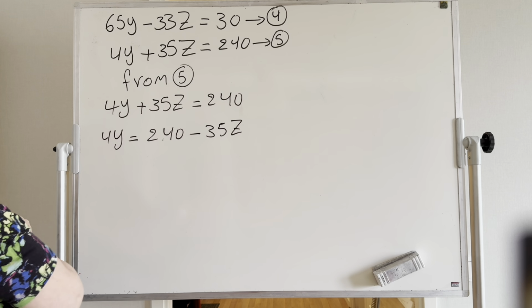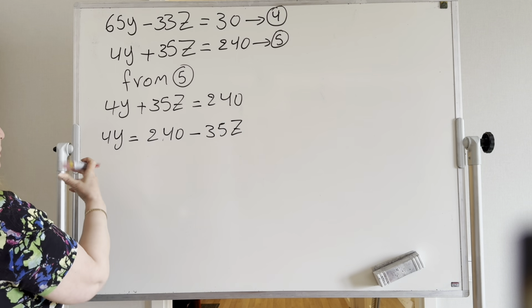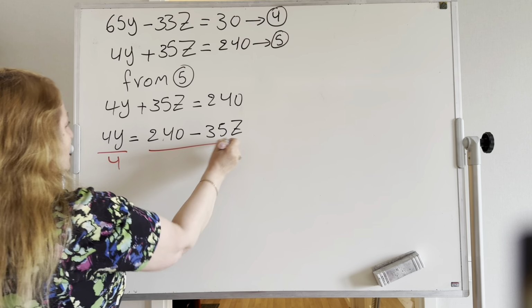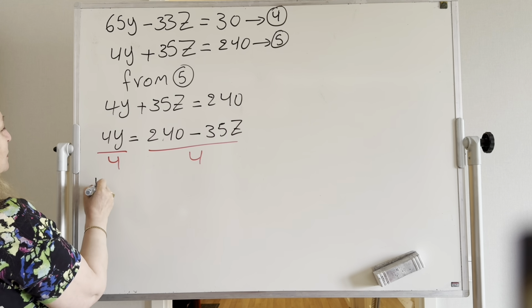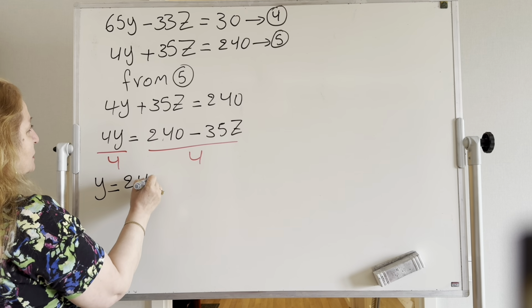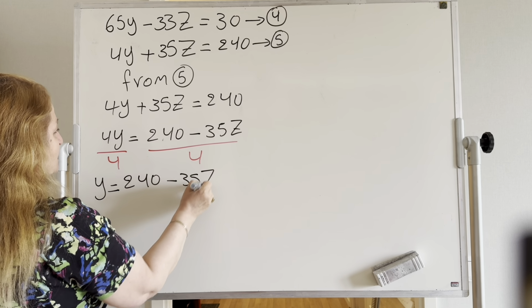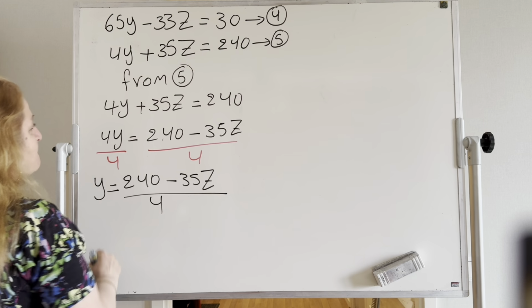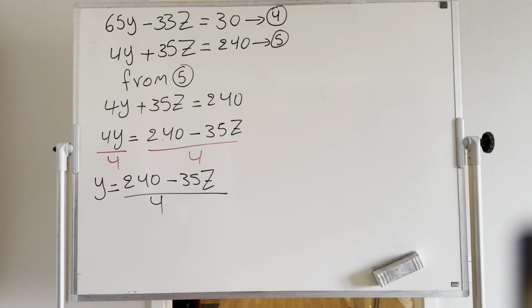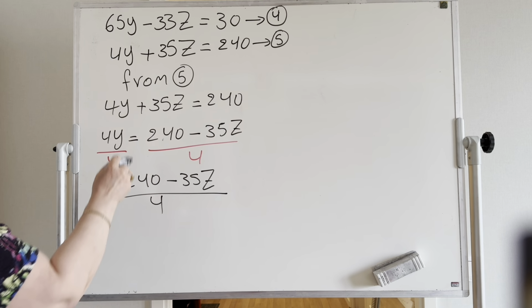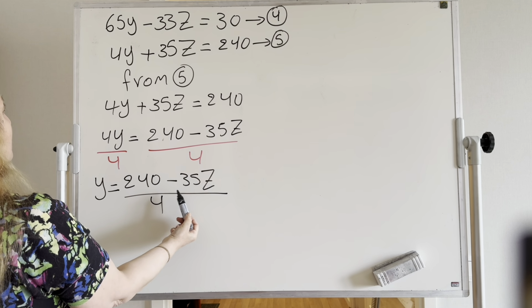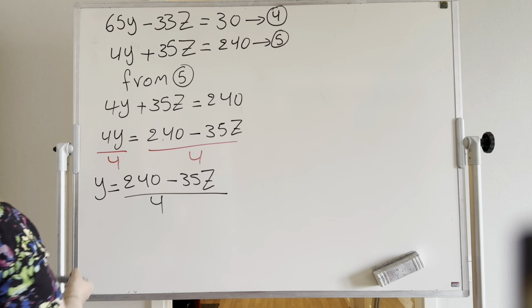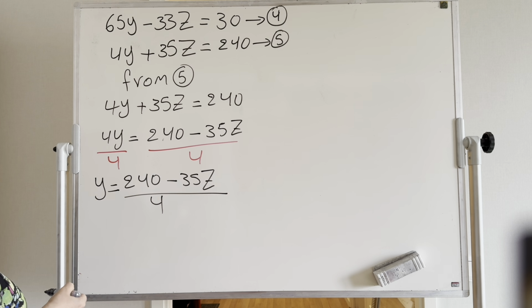Then I will divide the two sides with 4, and y equal 240 minus 35z divided by 4. Now, instead of y, I will write this value, 240 minus 35z divided by 4.